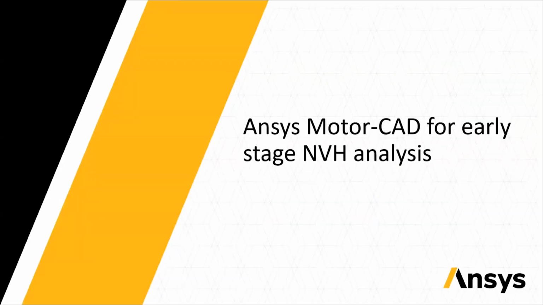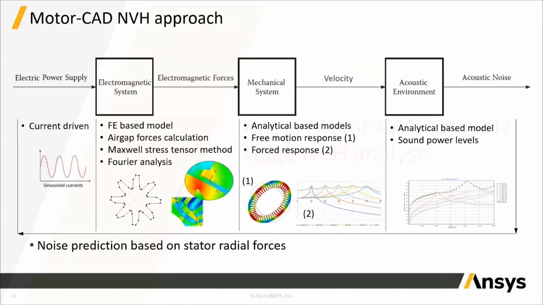So what I'd like to talk about first is how we can use ANSYS MotorCAD to consider the noise while initially designing the motor. ANSYS MotorCAD is a template-based motor design and analysis tool which can consider the electromagnetic, thermal, structural and NVH aspects of the motor design.